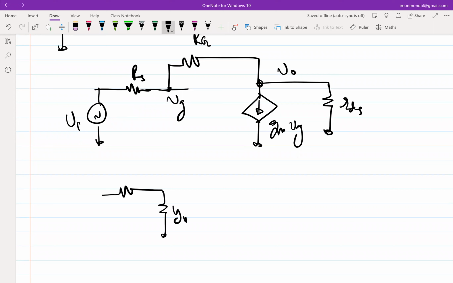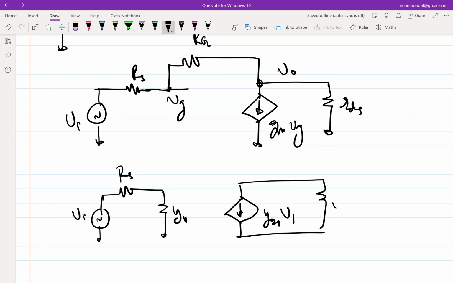This is Y11. This was RS, VI. Then you had Y21, V1. Then you had Y22, and then you had RL. I didn't put Y12, that's why it's not there.